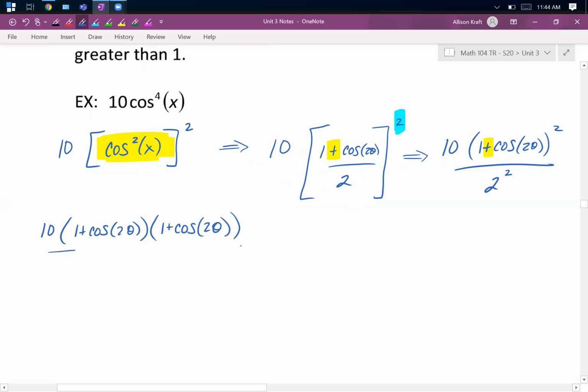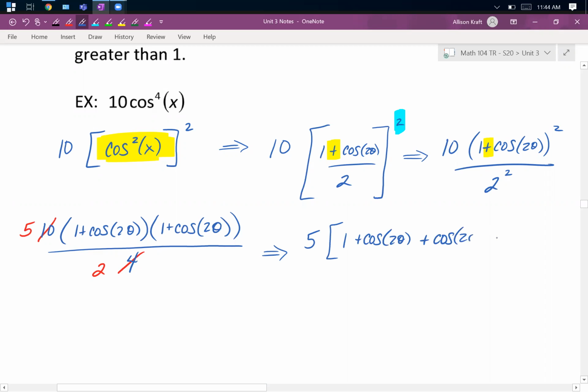But I can square that 4 on the bottom. We can simplify the 10 and the 4, since 2 goes into both of these. But then we'll have to FOIL that stuff in the top. It's going to be 1 plus cosine 2 theta plus another cosine 2 theta plus cosine squared 2 theta, all over 2.